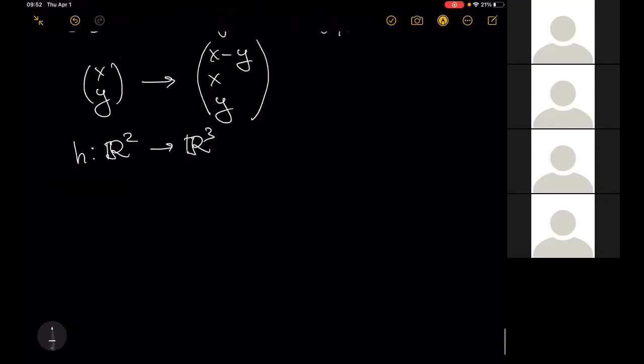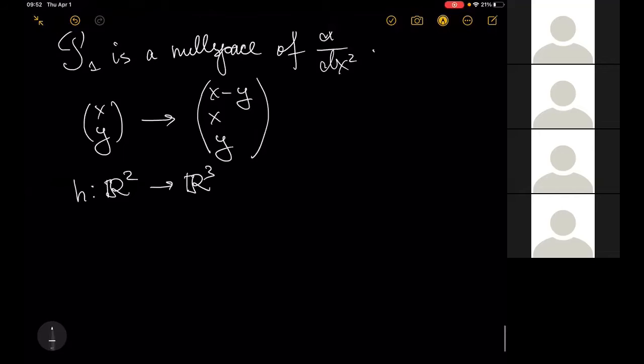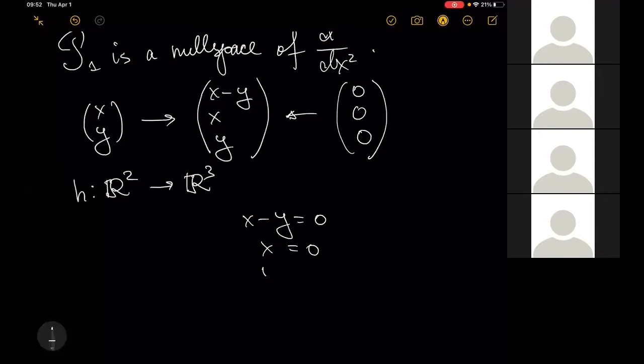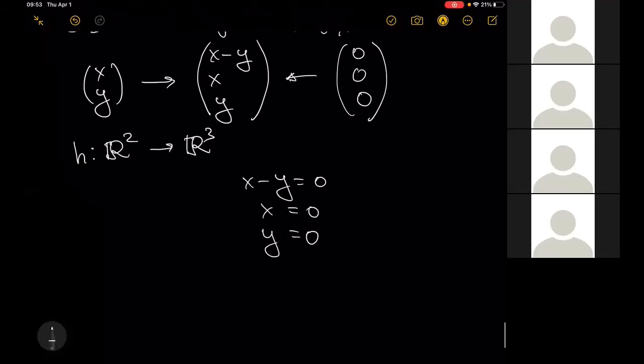Okay, so in order to find a null space, I need to have this to be a zero vector, right? So then I'm getting this condition, right? Right or not? Is it clear? Yes. Okay, wonderful.